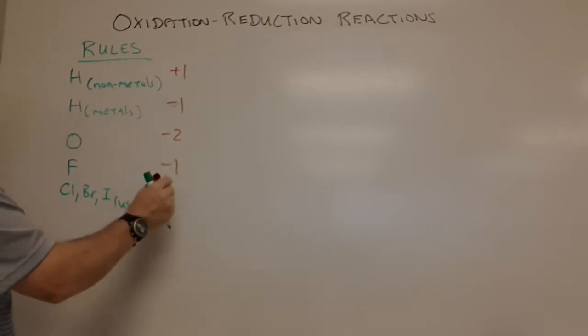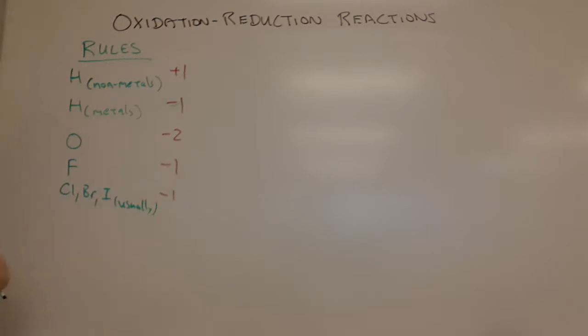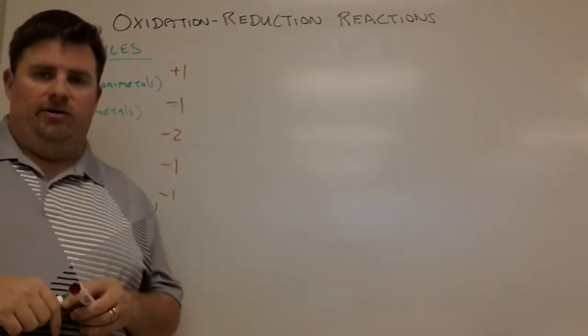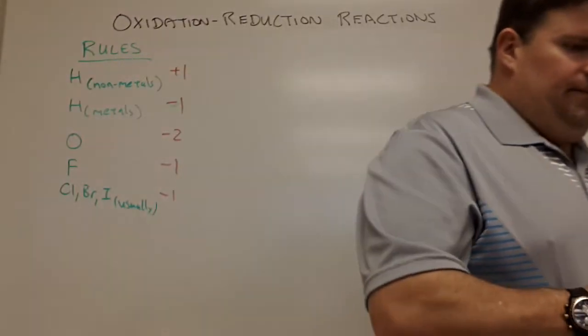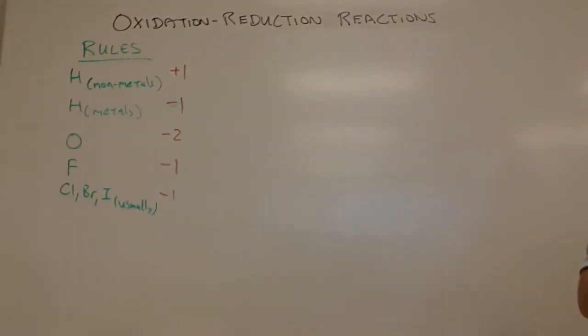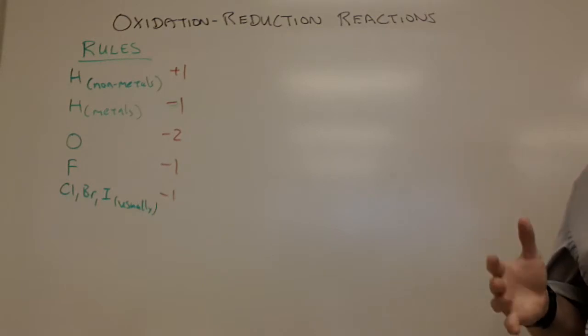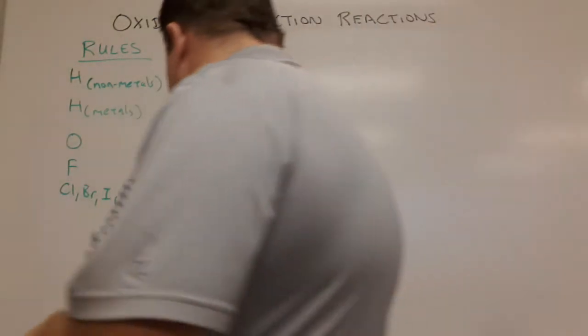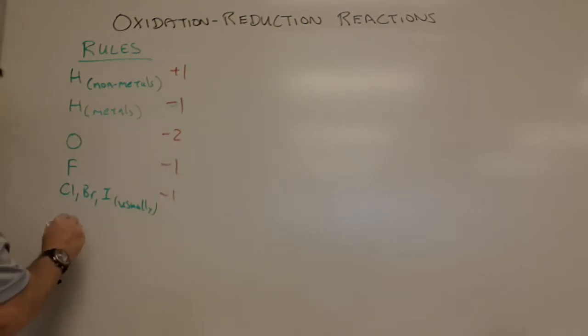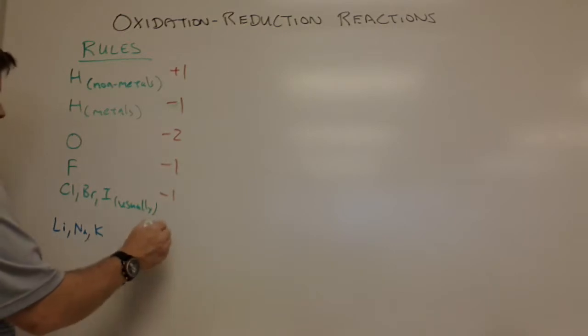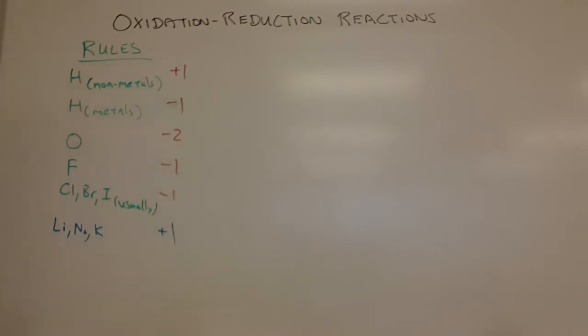The only time they're not is when you have oxygen or fluorine bound directly to them, in which case their oxidation number changes. If I have a metal like lithium, sodium, or potassium, generally these are going to have an oxidation number of +1.